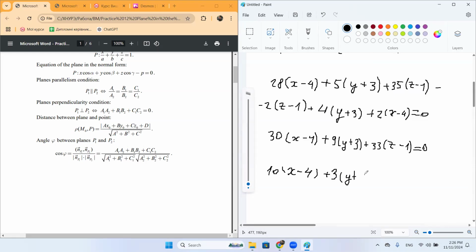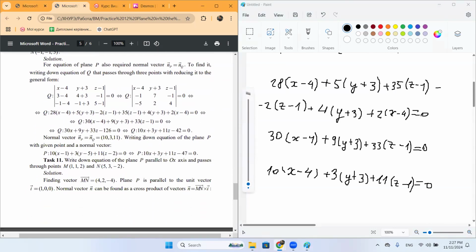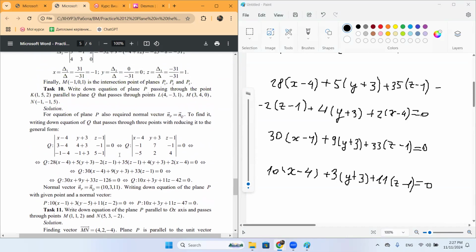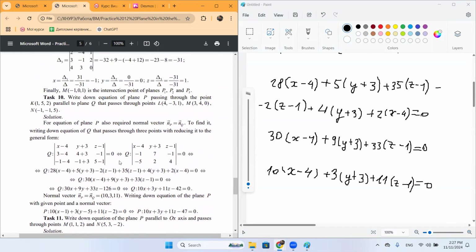So y plus 3 plus 11 by z minus 1. Let me check that the equation is correct. Yeah, correct. Stop. Oh. Yeah, x minus 4, y plus 3, z minus 1.